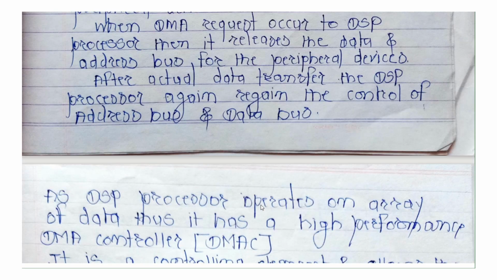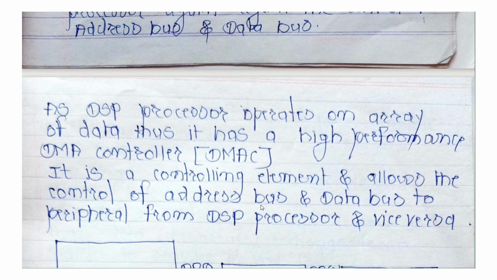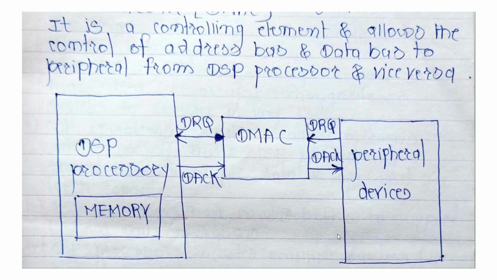As a DSP processor operates on an array of data, it has a high performance DMA controller, DMAC, which is abbreviated as DMAC, that is known as the DMA controller. It is a controlling element and allows the control of address bus and data bus to the peripheral from the DSP processor and vice versa.